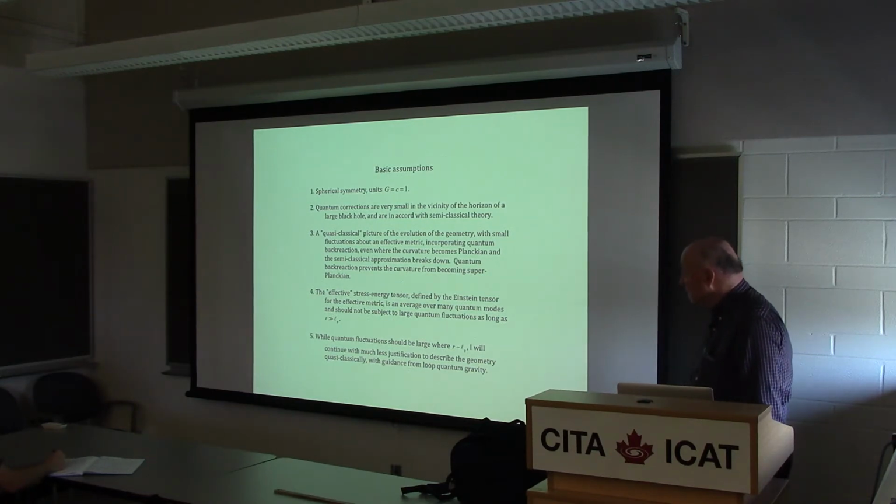Then I'm going to consider the evolution of the geometry inside the black hole as a sort of quasi-classical thing where you have a metric and a geometry, for which you expect quantum fluctuations in the metric, but at least for a while, these should be small. Initially, it's not until you get down to a fairly small radius inside the Schwarzschild black hole that you would expect the quantum back reaction to be comparable to the curvature and modify the geometry in a significant way.